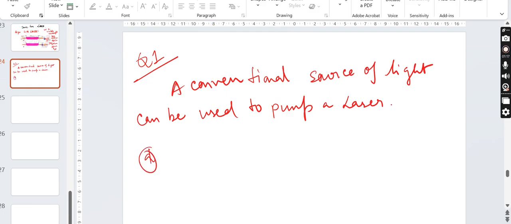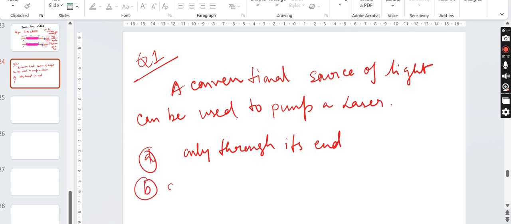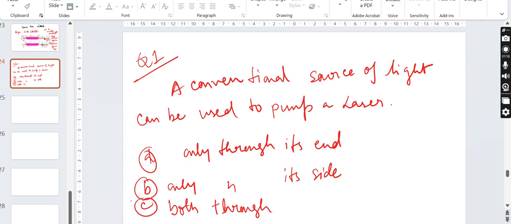Option A, only through its end. B, only through its side. C, both through its end and side. D, none of them.